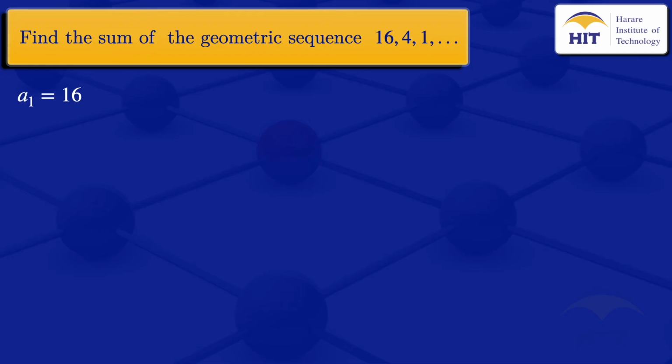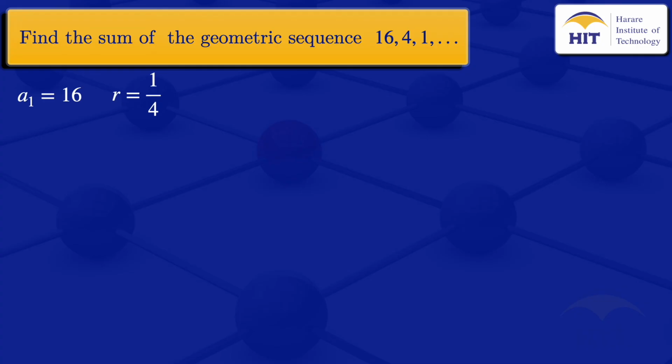For example, if we look at the 4, the preceding term is 16, so the ratio is 4 divided by 16, which gives us 1 over 4. Or we could have taken the 1, whose preceding term is 4, so the ratio is 1 divided by 4, which again gives 1 over 4.